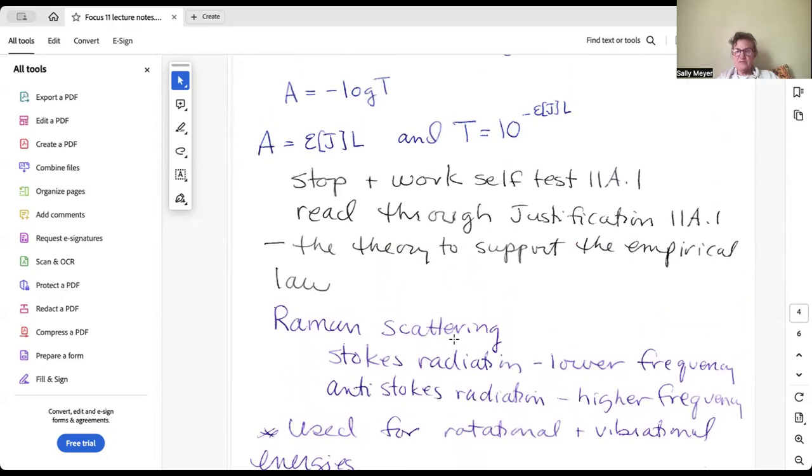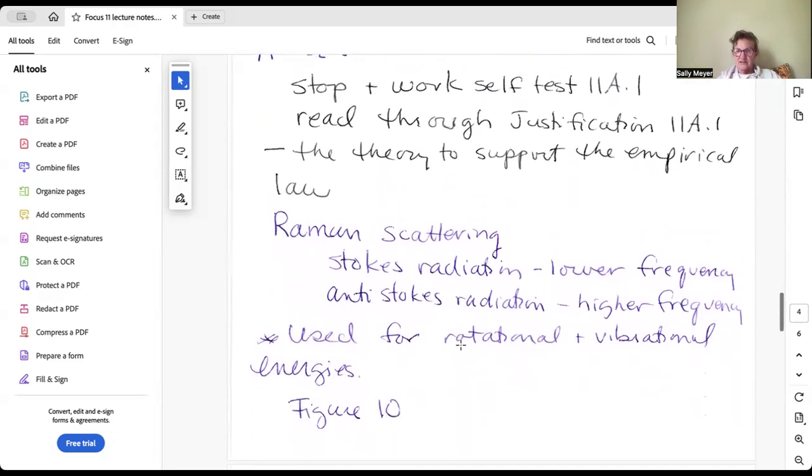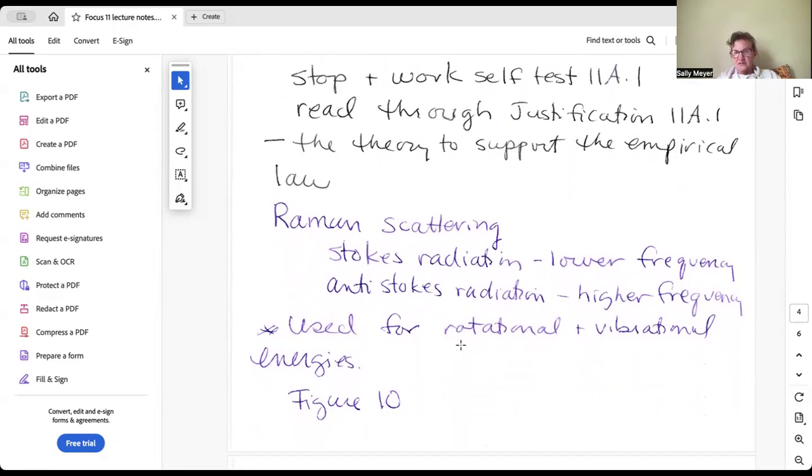So Raman spectroscopy, which I know Murphy has a Raman instrument, so some of you may have used this if you've taken his classes, is based on the idea of scattering rather than actually absorbing. You have Stokes radiation, where you hit the sample with some light and it comes off at a lower frequency.